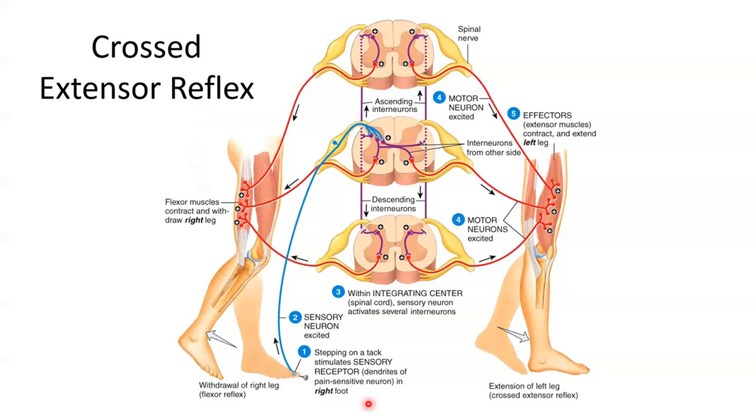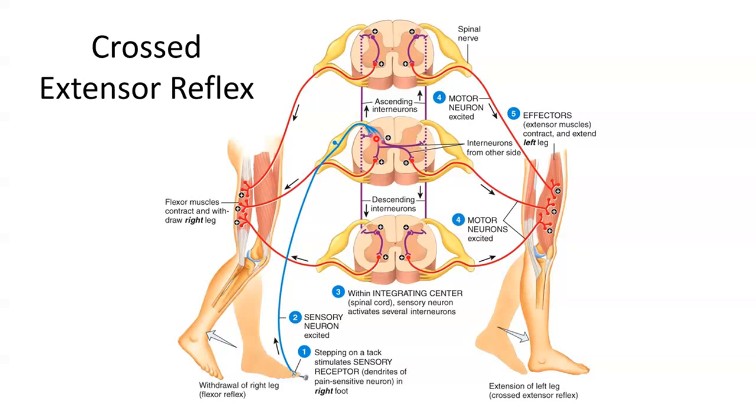Taking a look at this image, the stimulus is someone steps on a tack or a pin. It stimulates the nociceptors or the pain receptors in the foot, in the right foot. This sensory neuron then generates an action potential which propagates into the spinal cord. Within the spinal cord, the sensory neuron activates several different interneurons.